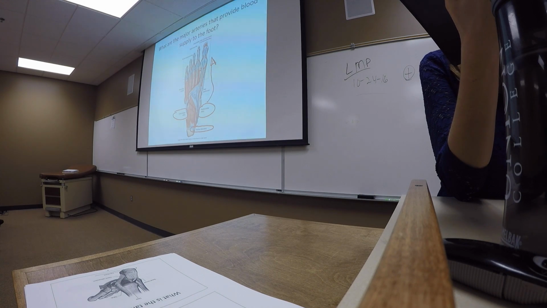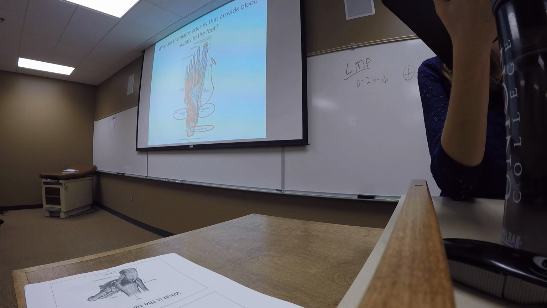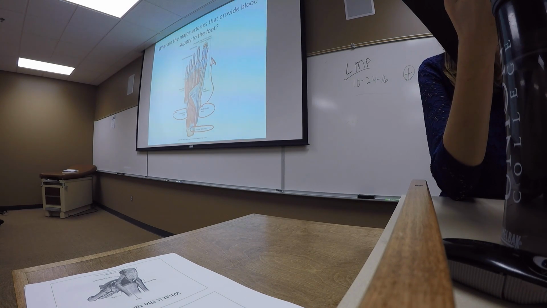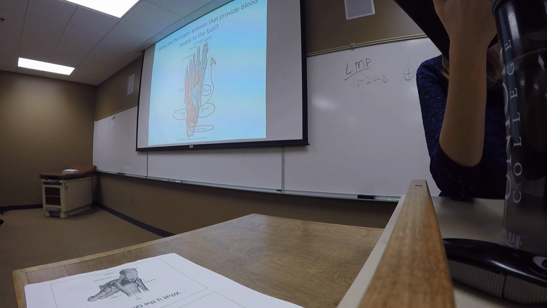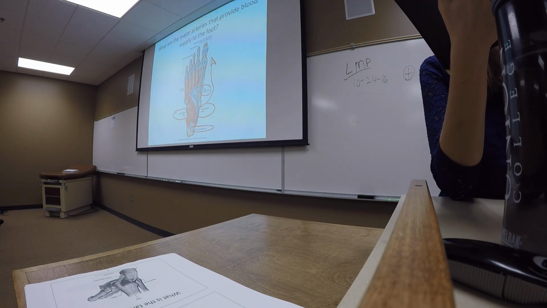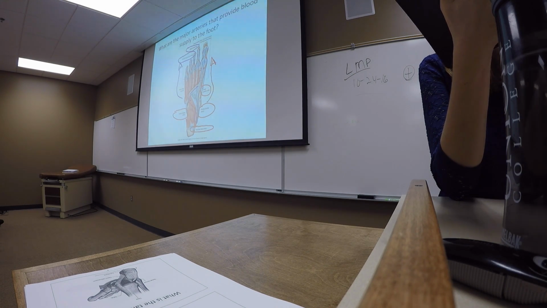The lateral plantar artery spreads out and supplies most of the rest of the sole of the foot through the deep plantar arch. So we have this arching structure. I'm going to change colors. Here, deep plantar arch, and then branching off of that are the plantar metatarsal arteries and the digital branches of those. So we just have these branches coming out towards the digits from that deep plantar arch.